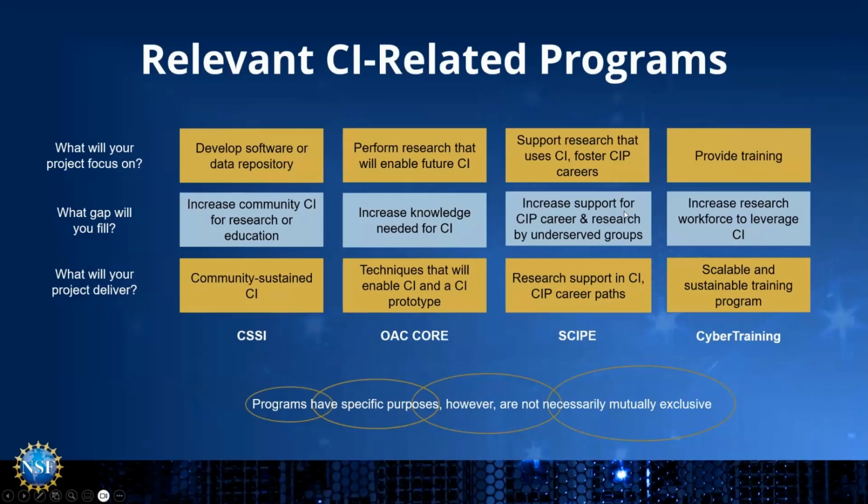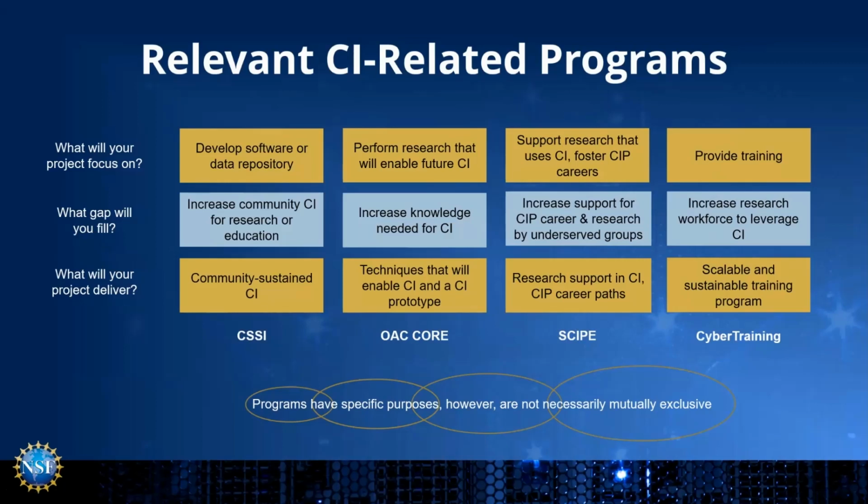Okay, and then earlier, last time when I talked, we had a program called Cybertraining, which had a track called CI Professional Track. Instead, that has branched off and become a little broader into a program called Skype, which are fairly large grants. This is one thing you do: you'll support research that uses CI, and you'll also foster the careers of CI professionals.